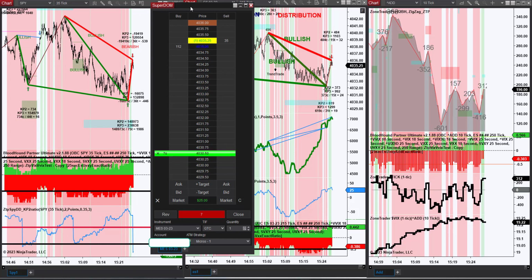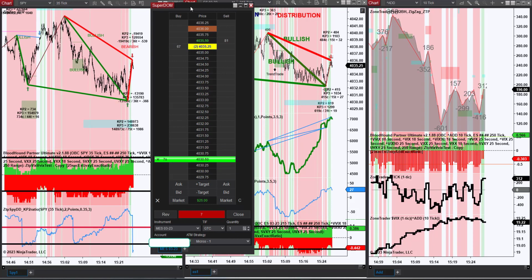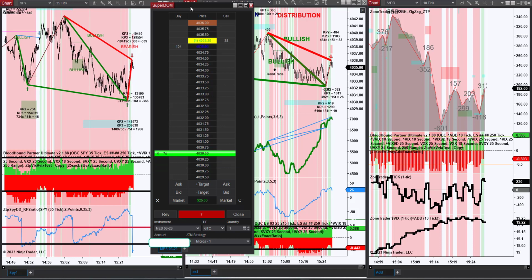So again, with the combination of divergences and the amount of resistance that's already put in, I'm going to stick with this just a little while longer and see if we can make it down to my target.